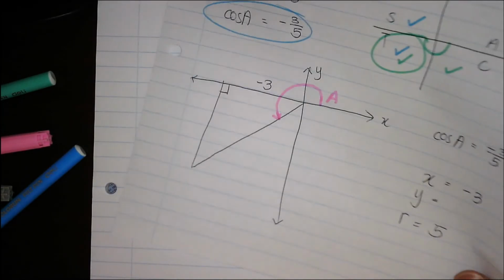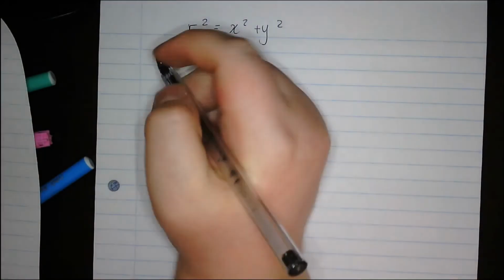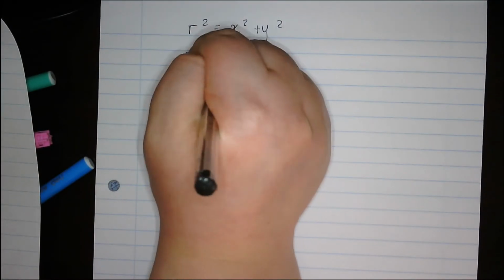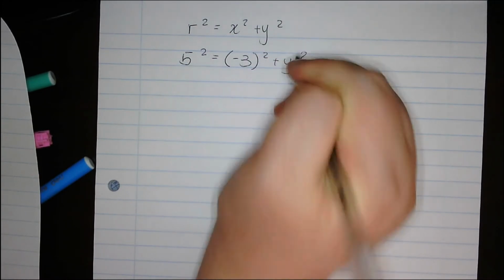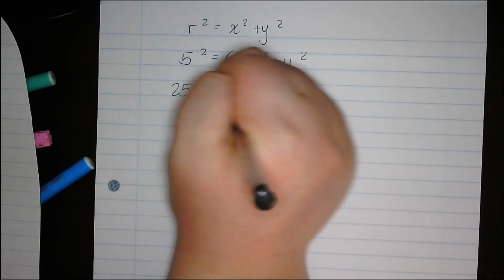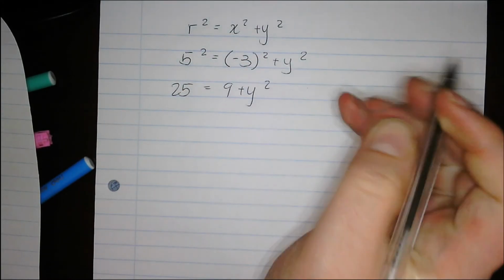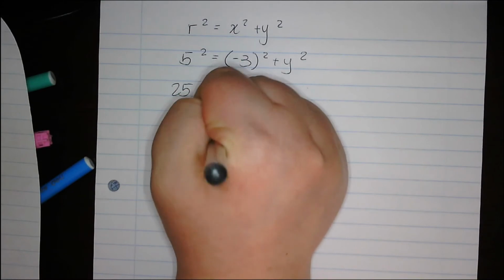We're going to work this out using the theorem of Pythagoras. R squared is equal to x squared plus y squared. R is 5, x is negative 3, plus y squared. That's 25 equal to 9 plus y squared. That's 16 equal to y squared.